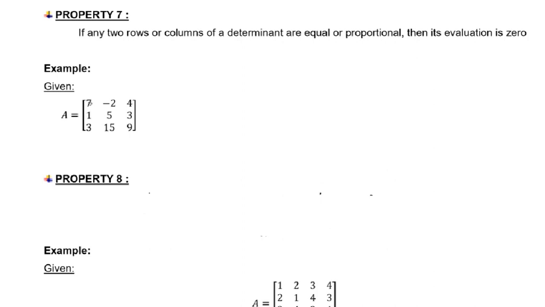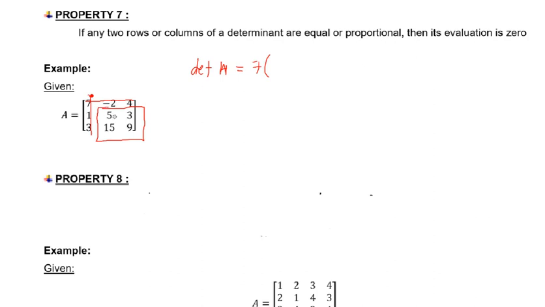Say we get the first row as our coefficients. So determinant of A is equal to 7 times, this is our first coefficient. If we remove row 1, column 1, these are the elements we get.